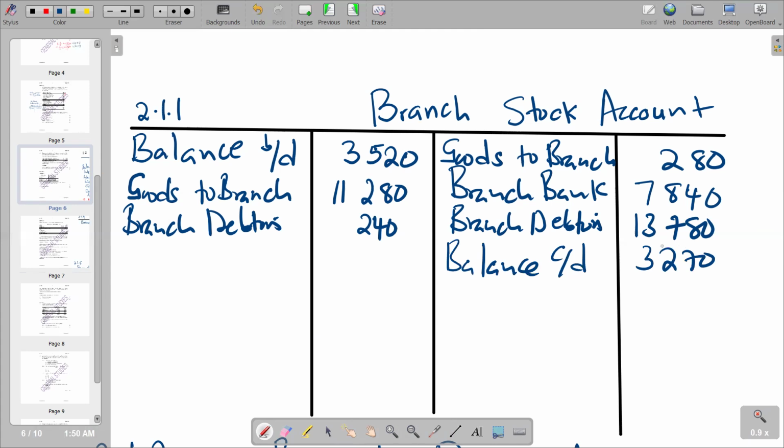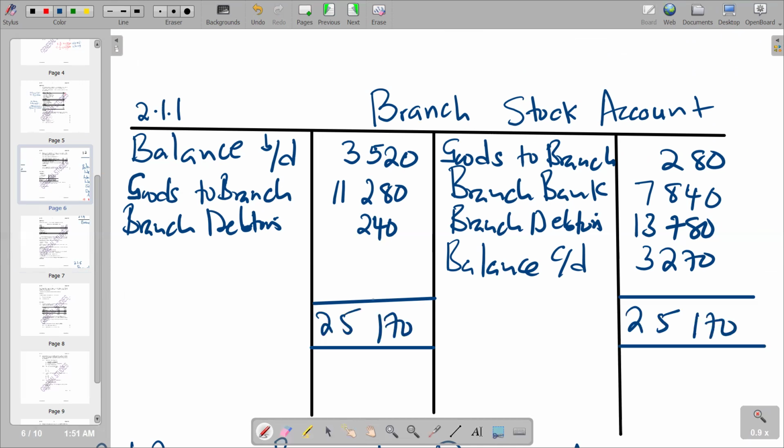So from there, we can now balance it by putting our double lines. Remember, if you add the total of the debit and credit and see which one is greater, you are going to see that the total for the credit side is greater, with a total of 25,170 that should come to the credit side as the greater total. The debit is smaller.